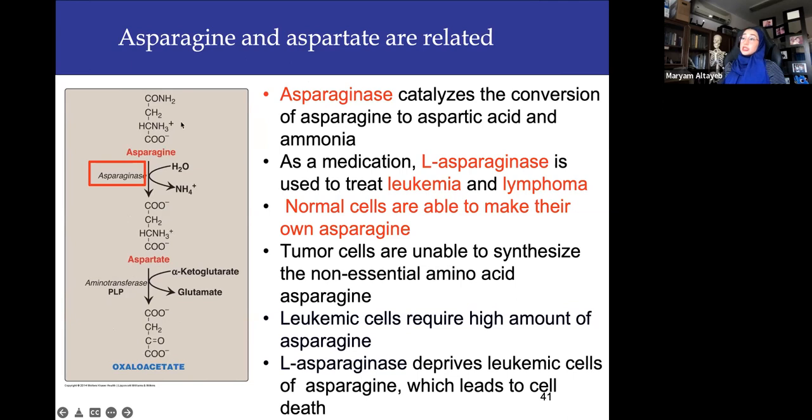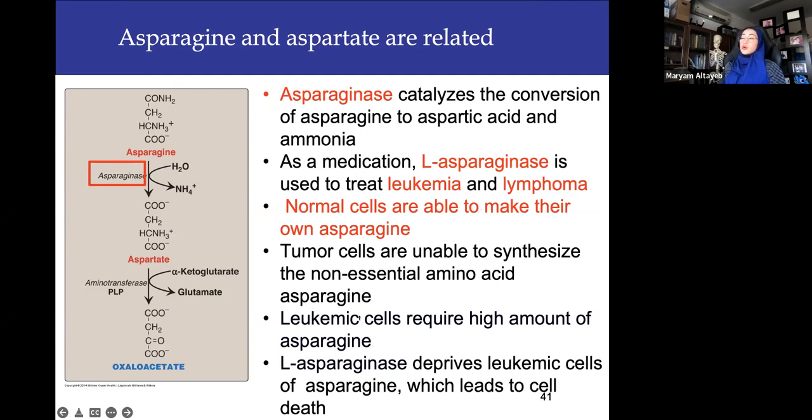Asparaginase, this enzyme that breaks the amino group off to give us aspartate, also forms ammonia. An interesting clinical correlation is that this enzyme is used to treat leukemia and lymphoma. Why? Because cells in leukemia and lymphoma, which are cancers of the blood, cannot synthesize asparagine.